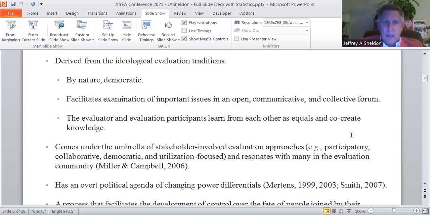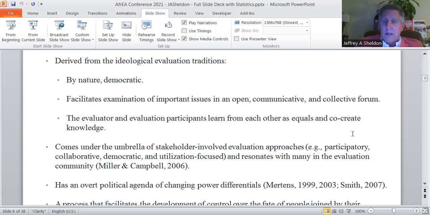It comes under the umbrella of stakeholder-involved evaluation approaches, which include participatory, collaborative, democratic, and utilization-focused. And to a large extent, if you know what the evaluation theory tree is, Alkin and Christie's evaluation theory tree, well, one of the branches is values.